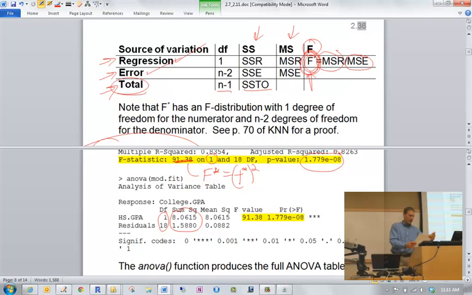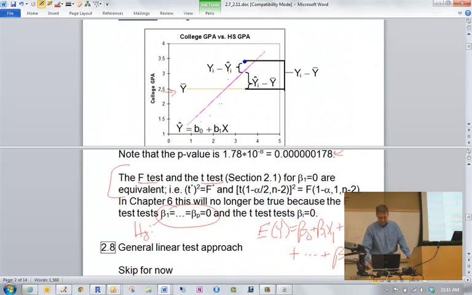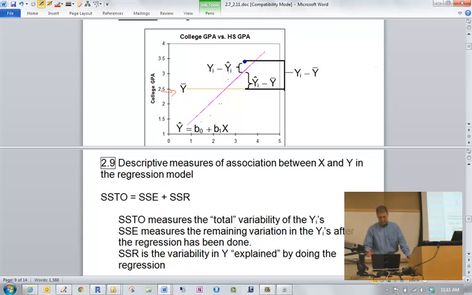Okay, let's move on then to section 2.9. We're going to continue looking at these sums of squares, but we're going to look at it in a little bit different way. Also, if you remember from last time, we had this plot in the top portion of the screen here.